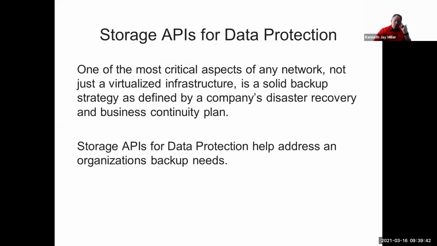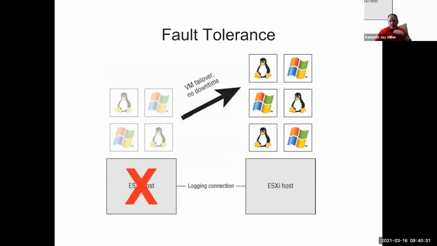Now, one of the critical aspects of the design of any network is backups. And how do we back up our system? Even if we knew we had fault tolerance, do you think we would still want to back up these VMs?